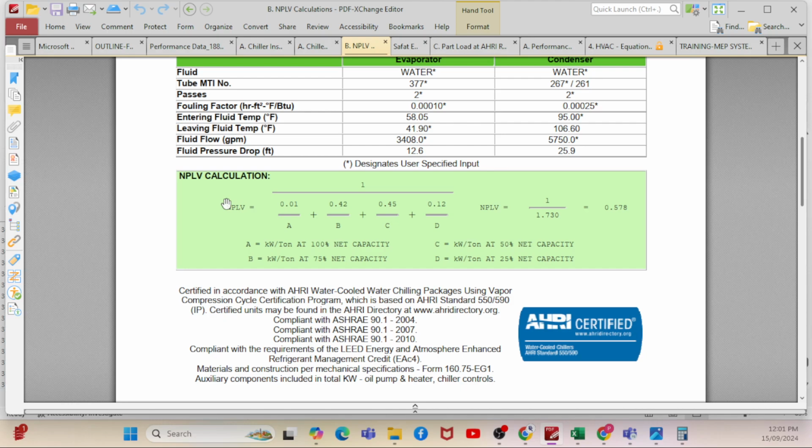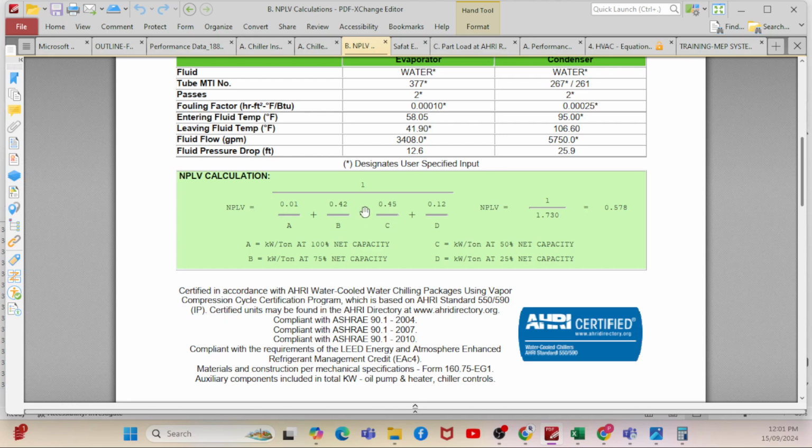AHRI condition is where they have tested at, say for example, if you talk about France, or wherever the chiller manufacturer is, they do the testing at 35 degrees Celsius. That is based on AHRI condition. So that value is called the IPLV value. And when you do the testing at local condition, that is called the NPLV value.